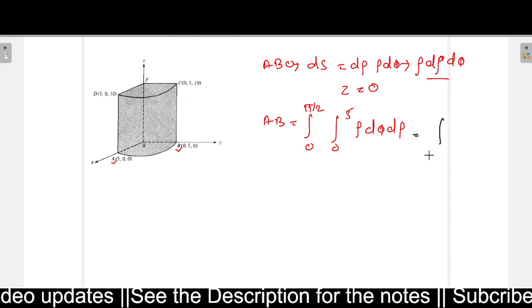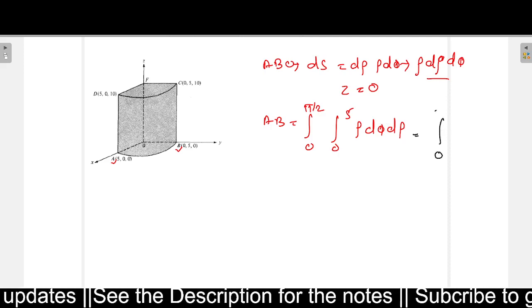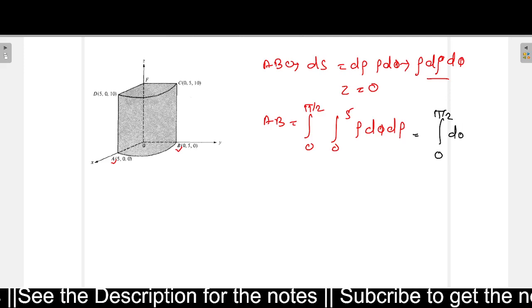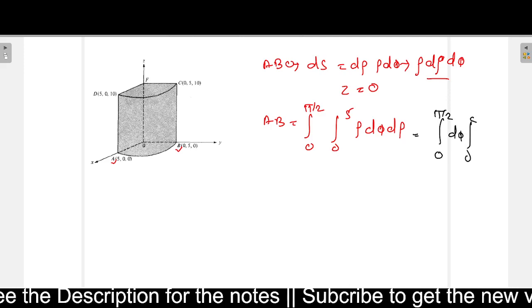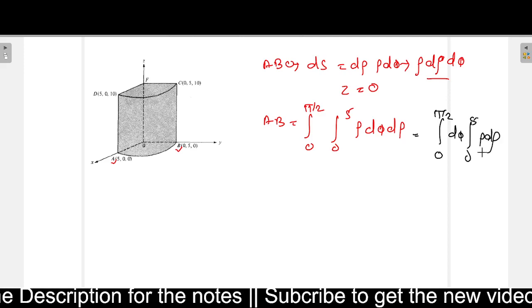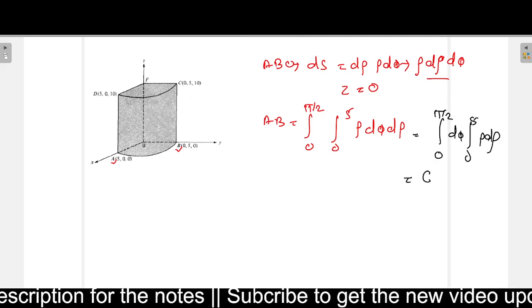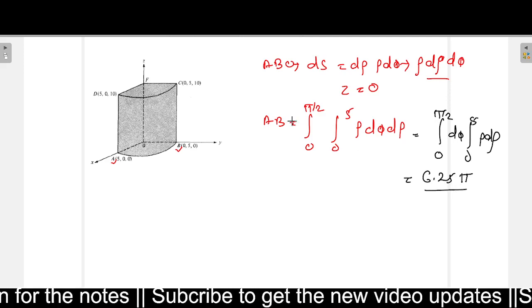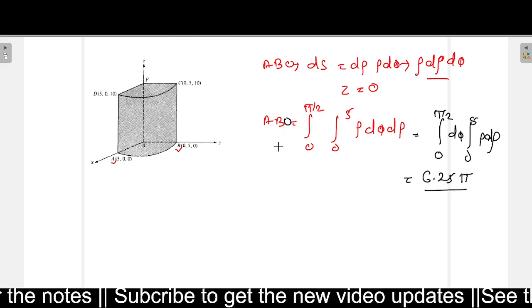You can separate that into the integral of d phi from 0 to pi by 2 and the integral of rho d rho from 0 to 5. If you find the integration, you will get 6.25 pi. So this is the surface area for ABO.